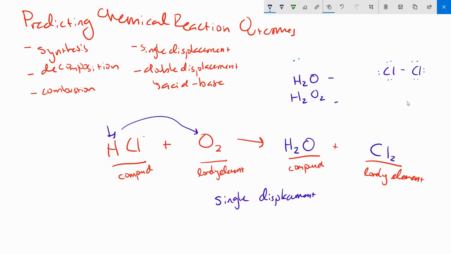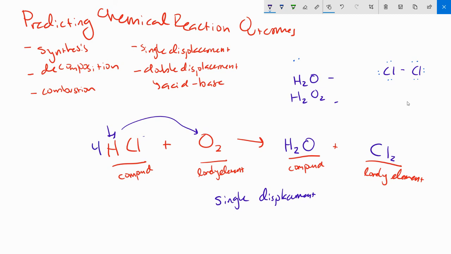And now I've got to balance my equation. Since I have two hydrogens over here and one over here, I'm going to have to account for that. But then I've got two chlorines over here, and I have this one oxygen on the product side and two over here. So I'm not going to show all my work. You can ask me if you want.